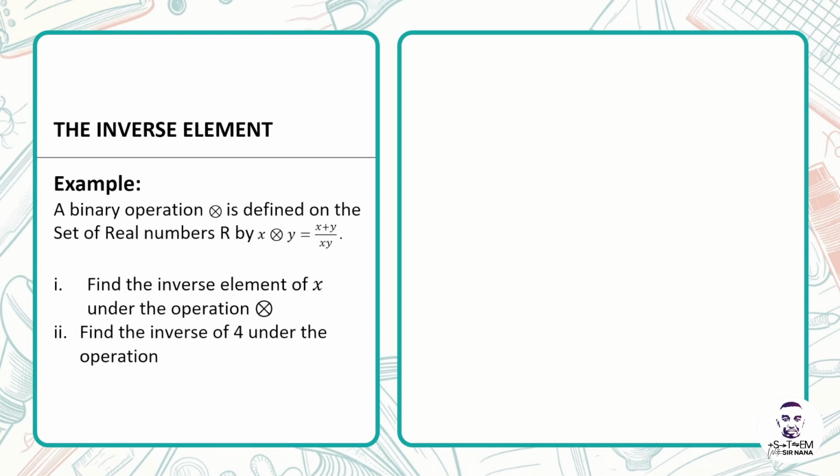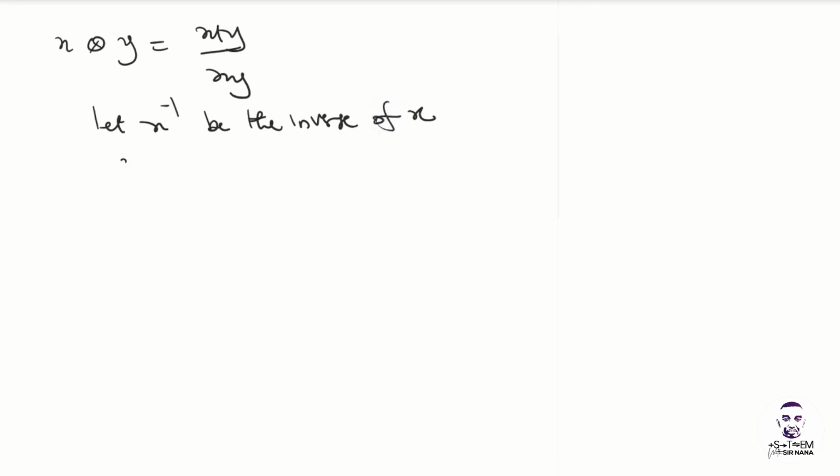So basically, the operation given is x, and that's the operation symbol, y to be equal to x plus y all over xy. We can say that let x inverse be the inverse of x, such that x operation x inverse is equal to identity element.